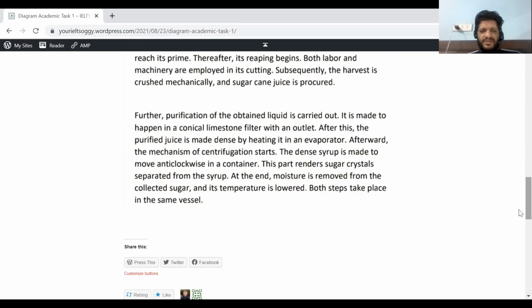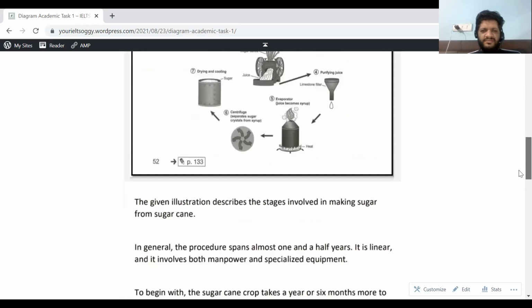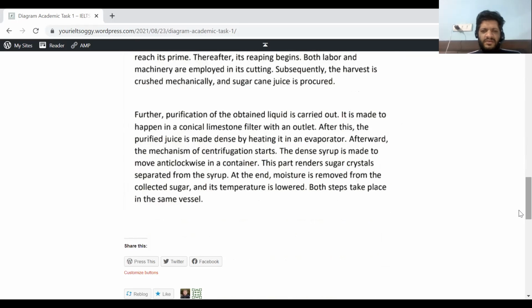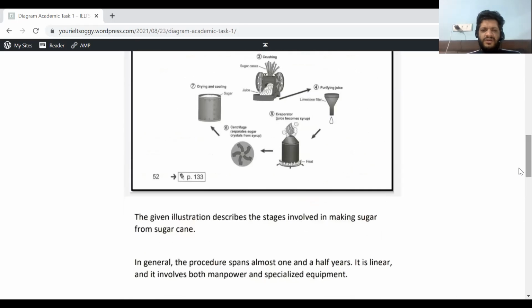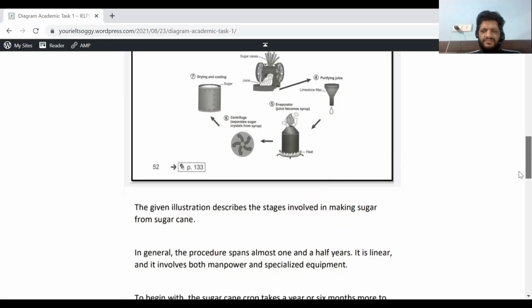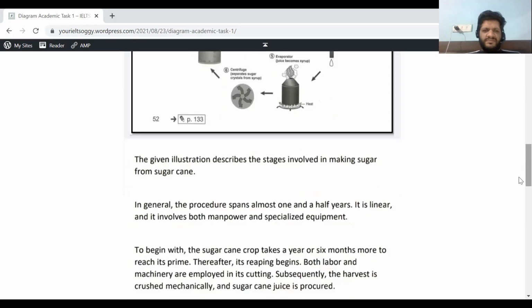Afterward, the mechanism of centrifugation starts. You can see the dense syrup is made to move anti-clockwise in a container. This is clockwise, 1, 2, 3, 4, and this is anti-clockwise, 11, 10, 9, 8, 7. So opposite of the general movement of the clock.